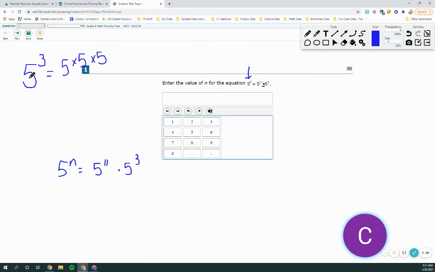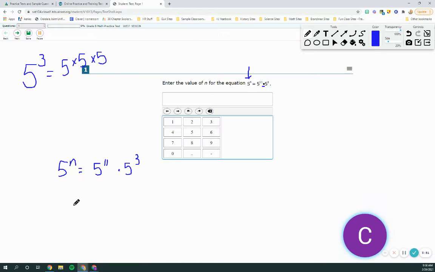It does not mean 5 times 3. 5 to the 3rd power means 5 times 5 times 5. So 5 to the 11th power means 5 times 5 times 5 times 5 times 5 times 5 times 5 times 5 times 5 times 5 times 5, 11 times.